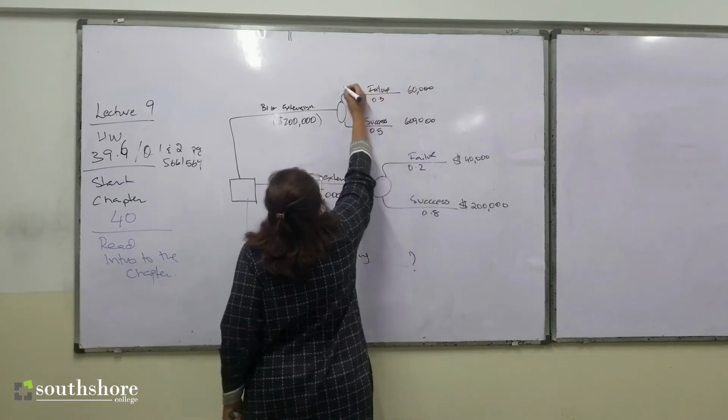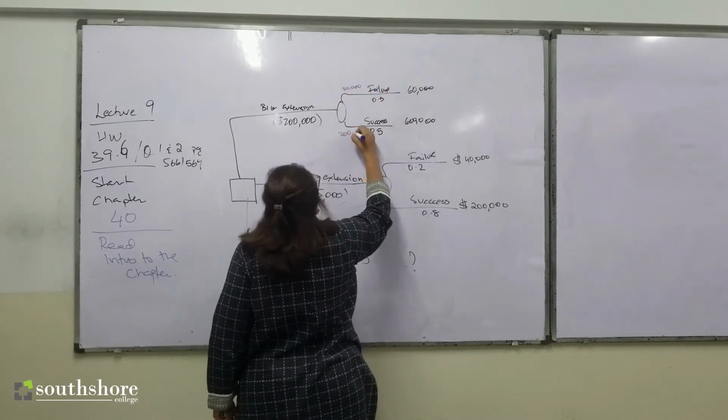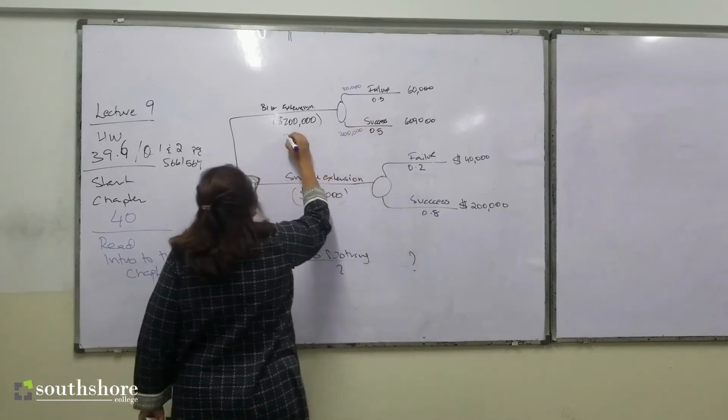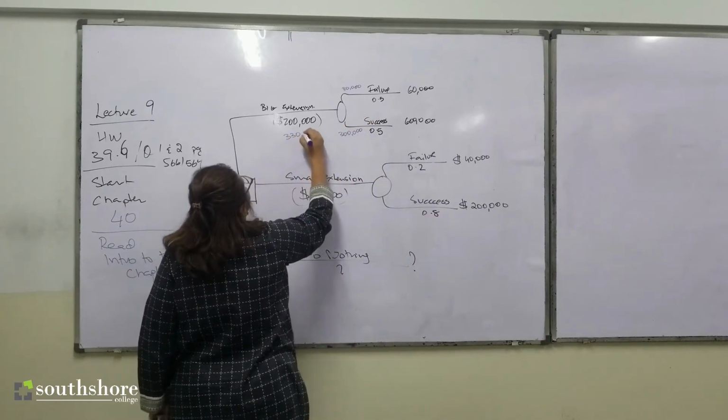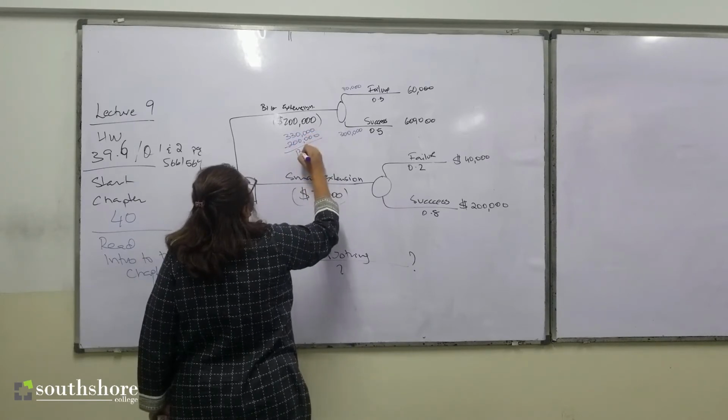So this is 30,000 and 300,000, so 330,000 minus 200,000 is 130,000.